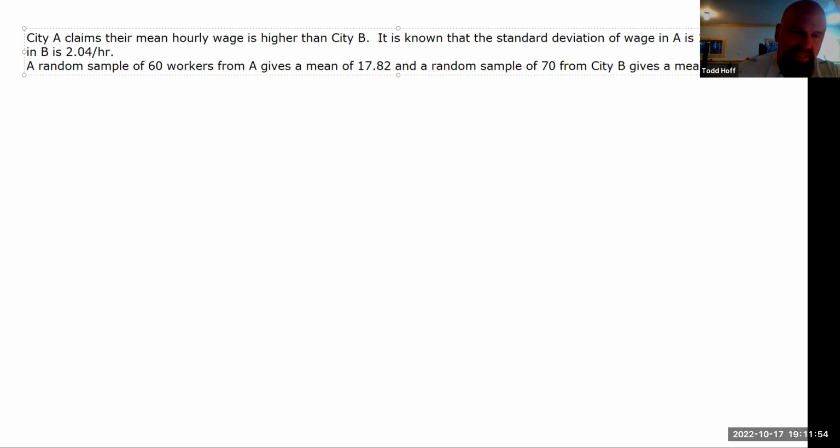Now you might be looking at that saying, well, the wage in city B is higher, so we're done already. Not necessarily. Remember, it could be a little bit higher and still be within our tolerances, within the sampling errors. So we're going to test the claim of city A at alpha equals 0.10.